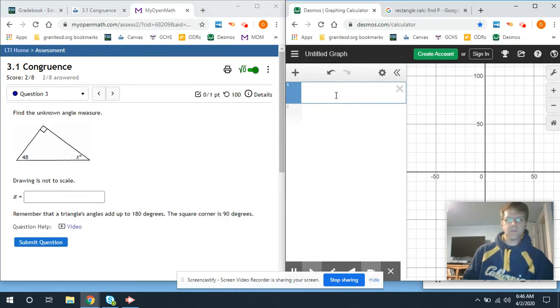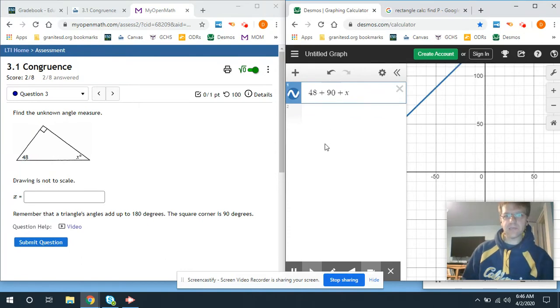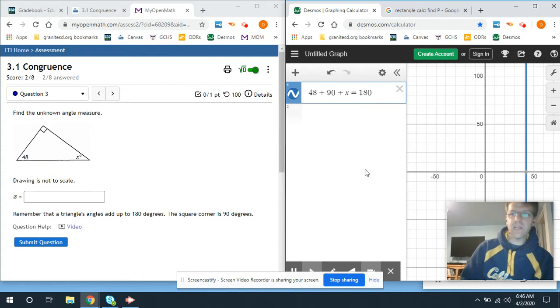Okay, so we know that we have one side that's 48. We have another side that's 90, that square corner right there. Then we have another one that's x. And we know that those equal 180. So notice on the right side, I have open desmos.com/calculator.